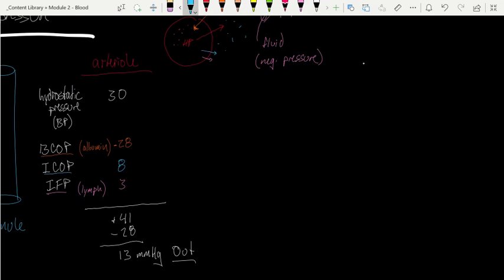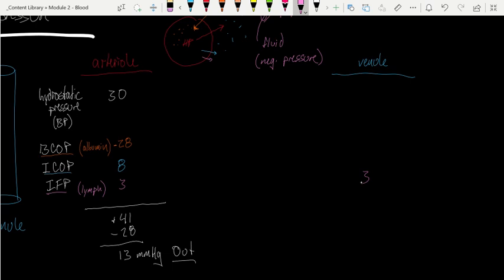So that was at the arterial end. Let's look at the venule. We have the same pressures at play. We've got hydrostatic pressure, we've got BCOP, we've got ICOP, we've got IFP. IFP, of course, that's driven by lymph. That's not going to change. That's still 3. Interstitial fluid colloid osmotic pressure, our ICOP value.